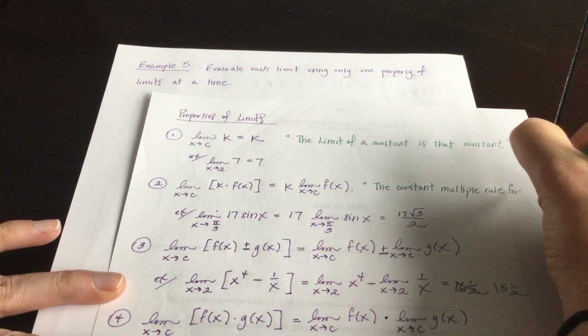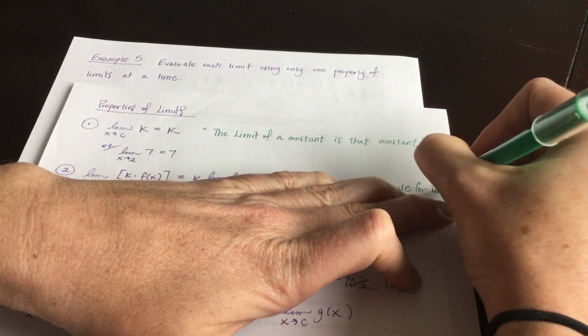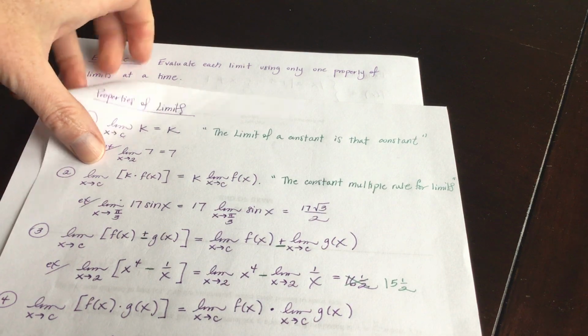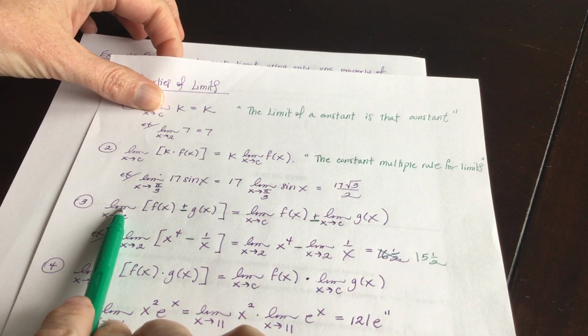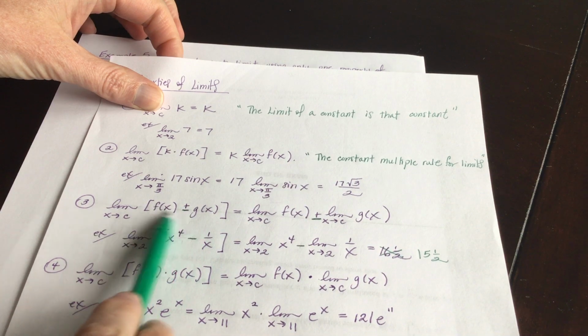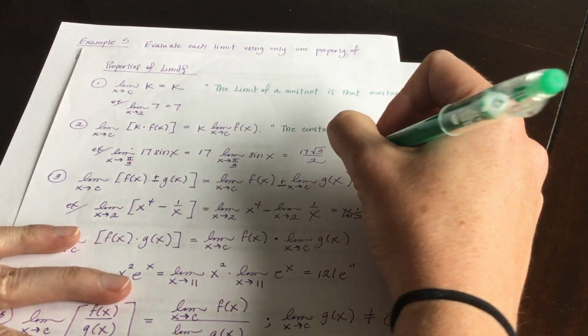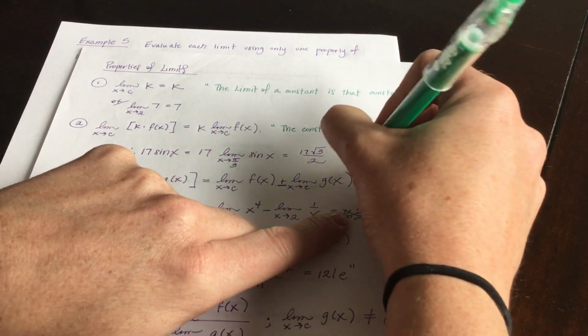Property 3, where you can distribute the limit over addition and subtraction of two functions of x, this is called the sum or difference rule for limits.